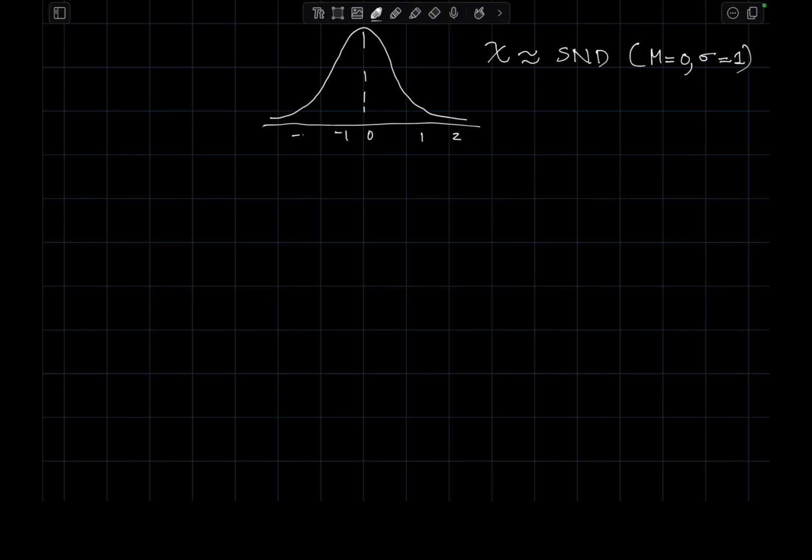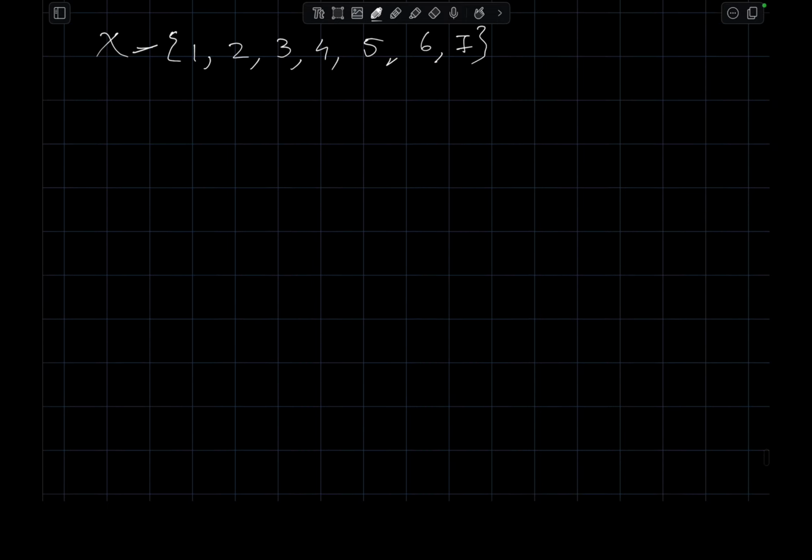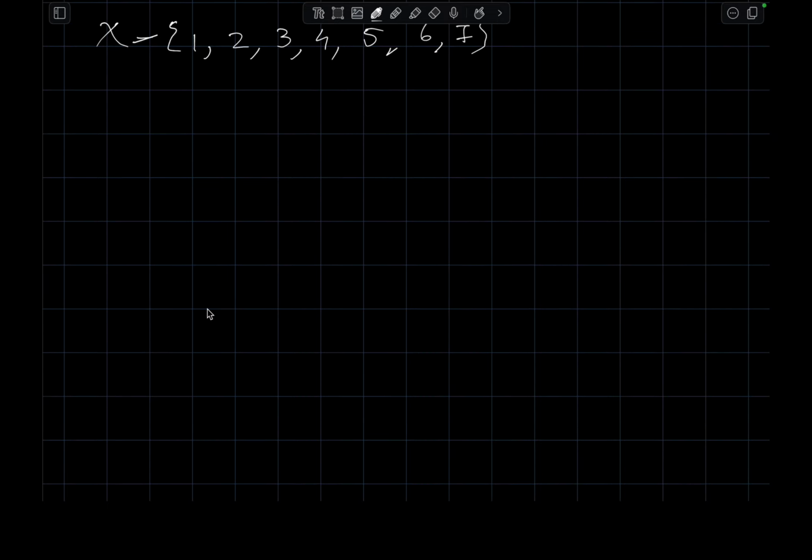So we are taking a similar distribution like earlier. We have 1, 2, 3, 4, 5, 6, 7. Let's say this is our data, and the distribution is something looking like this.